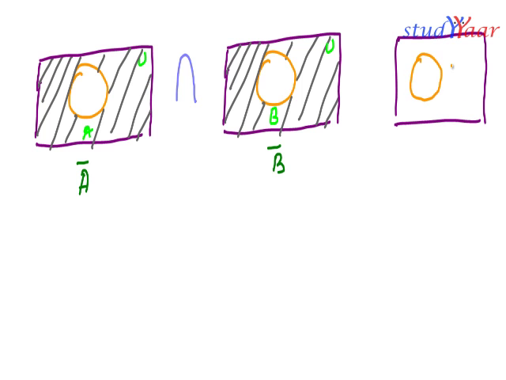Let's suppose this is your A, this is your B, and this is the universal set. So the intersection of complement of A and complement of B is the region which is outside A and outside B as well. So we are looking at this region.